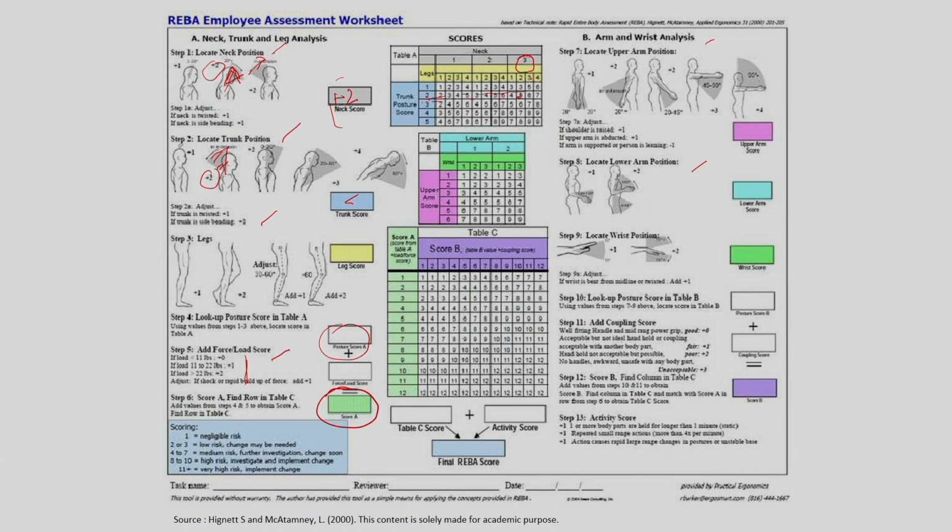If your leg position is maybe 3 or something, then you go to 3, and maybe your value is 6. The same thing you do with table B, and once you have the table A score and table B score, you come to this table. If table A score is 4 and table B score is 6, then you come to this side and you get the final score like this.